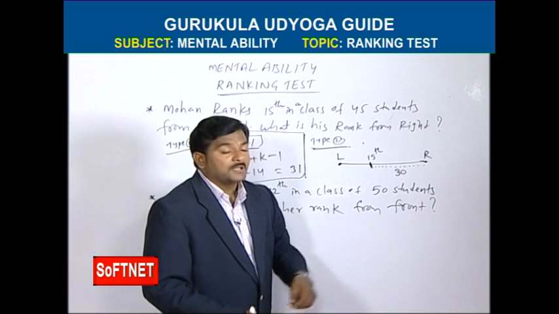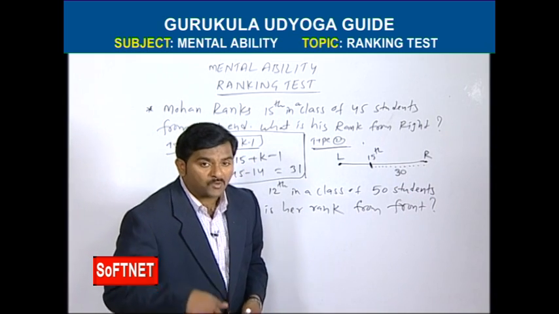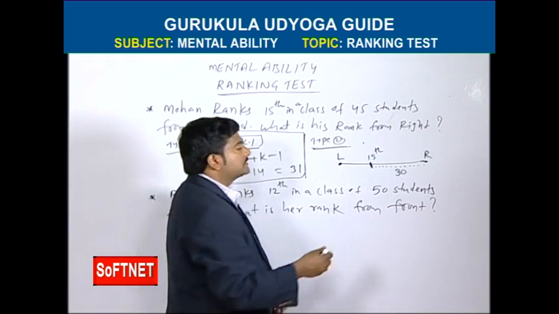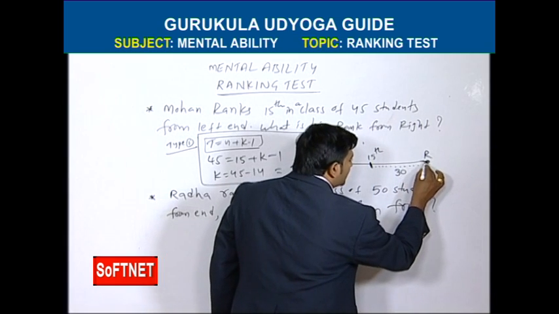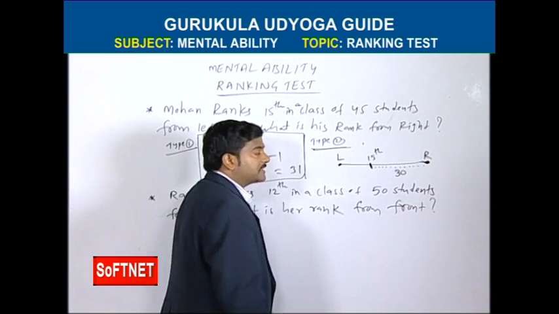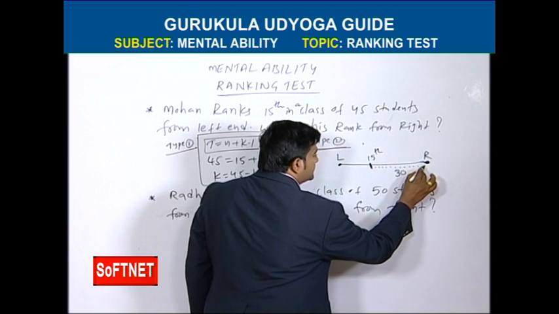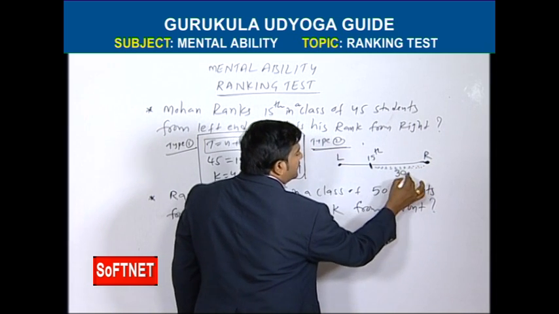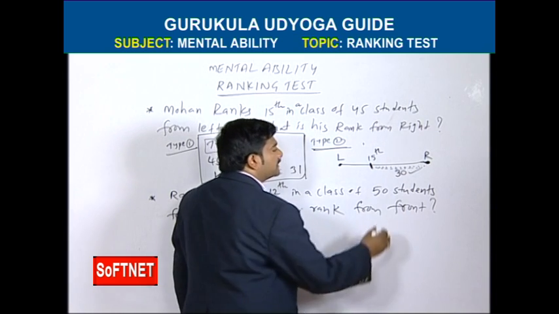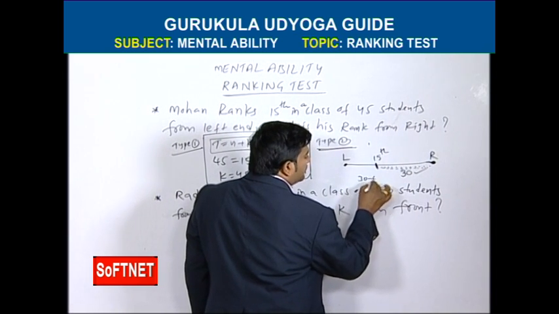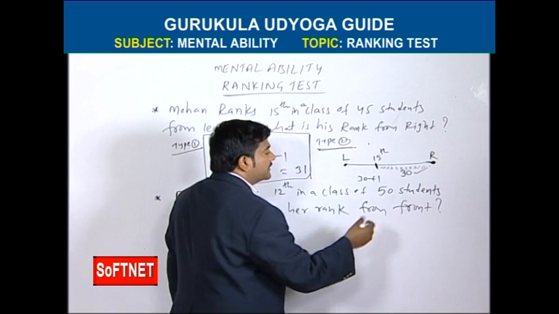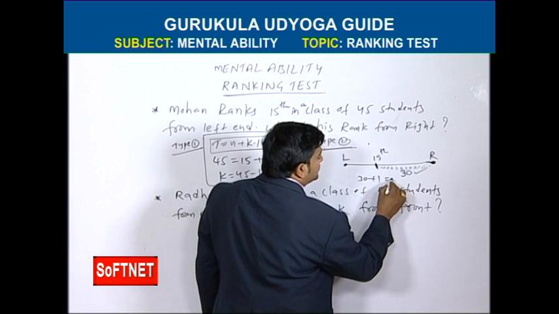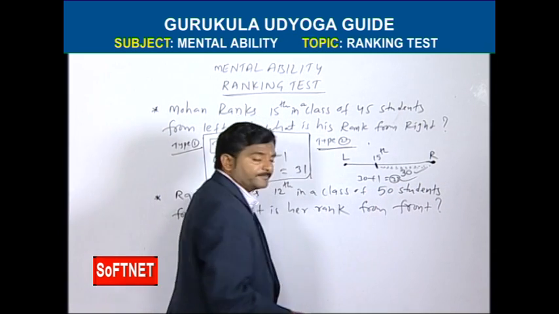Okay. So now I have to find out Mohan's rank from right hand. If I take this as my starting point, from this right side up to Mohan, how many objects are there? 30 objects are there. So these 30 plus Mohan, I have to find his rank. That's why adding Mohan's position, 30 plus 1, how much am I getting? 31.